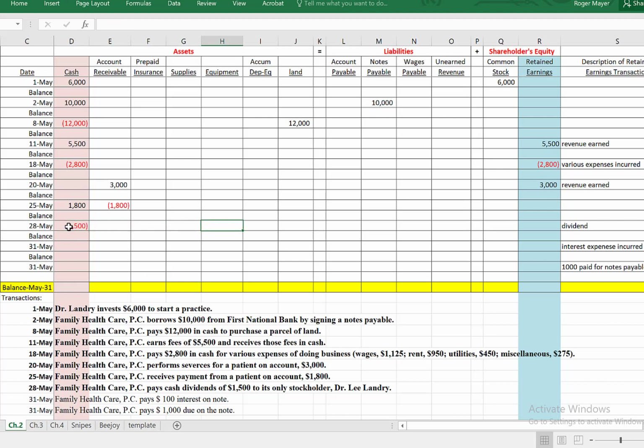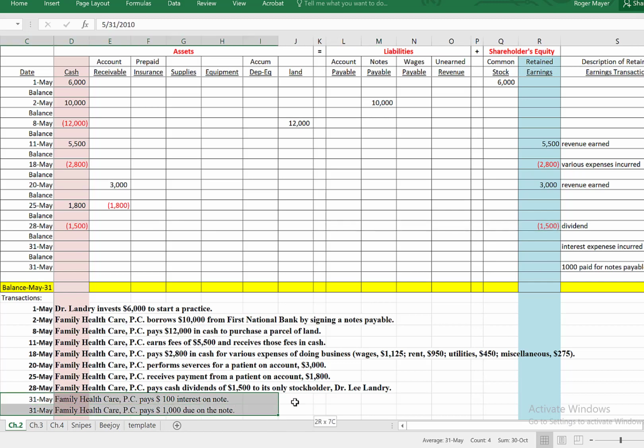And what we have here is the dividend is a reduction in retained earnings. You see that? So reduction in cash, so our asset side is going down by $1,500. Reduction in retained earnings, so stockholder equity is reduced by $1,500.